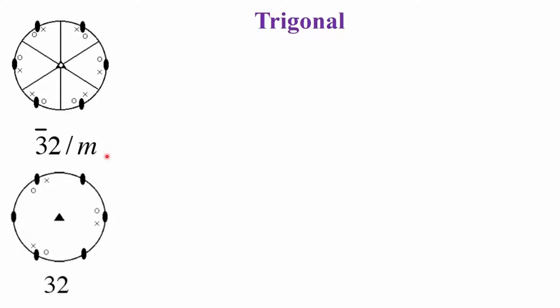So, you will have effectively a mirror here and a 2-fold here, and in order to represent that in a simpler manner, the accepted representation of point group symmetries are 3 bar 2m and 32. So, here in fact the full symmetry associated with this will be 3 bar 2 by m and m, and in this case it is 3 2 2.